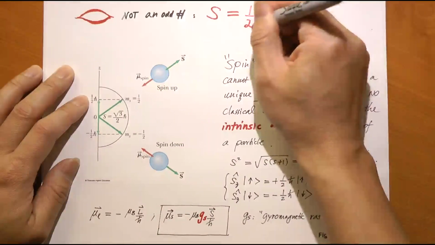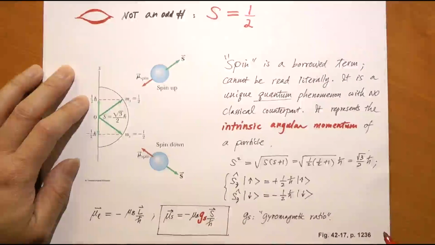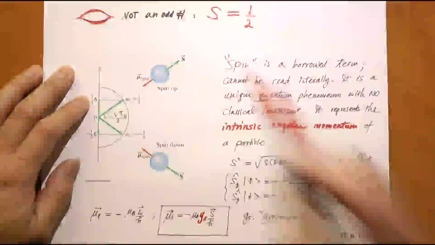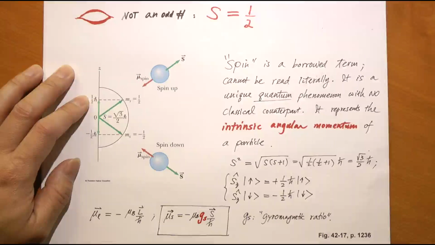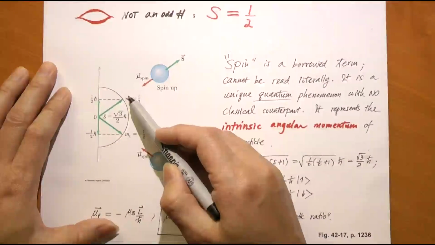The spin angular momentum quantum number is 1/2. Okay, so 2s plus 1 equals 2, which is supported by the experiment. It also supports the experimental finding of doublets in the hydrogen spectrum.